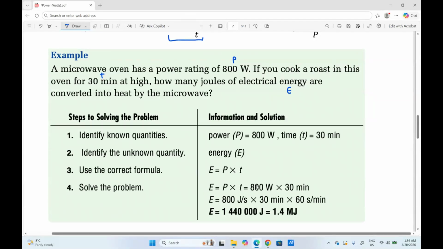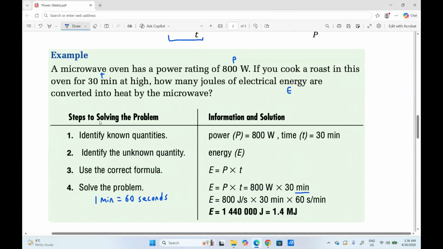However, looking at how they did it here, notice how they can't just take 800 and times it by 30 minutes because the minutes isn't in our base units. So we have to convert that to seconds first. So let's think about it this way. 1 minute equals 60 seconds.